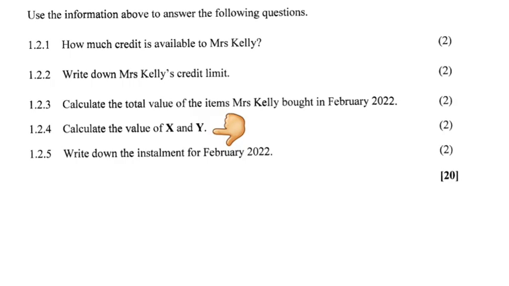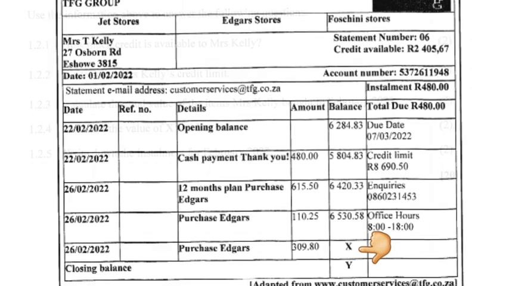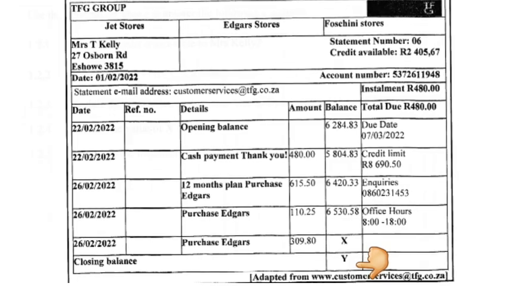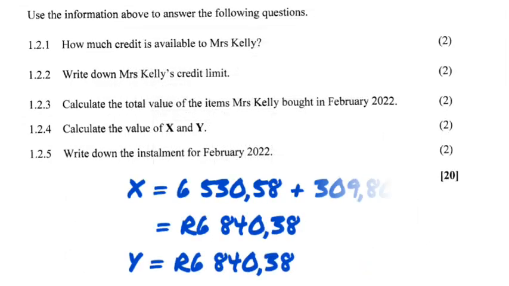1.2.4 says calculate the value of x and y. When you're looking at my statement, you see that the value of x is on the balance side, so it's supposed to be the balance after we purchased from Edgar's, and the closing balance will be the same value as x because it will be the amount that we ended with, because there's no other transaction after the purchase in Edgar's.